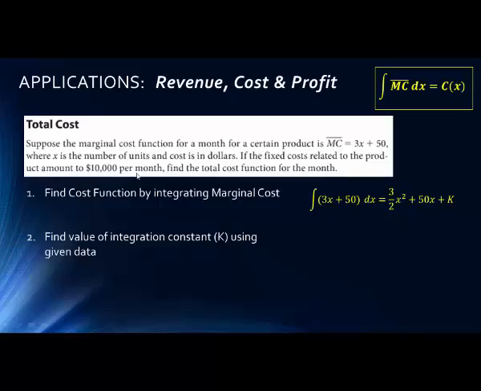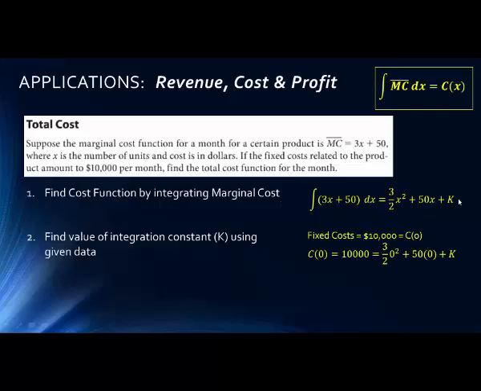What does fixed cost mean in relation to our cost function? Fixed costs are there whether we create something or not. So we can think of this as C(0) = 10,000. This is what we have to pay before we even start making anything.